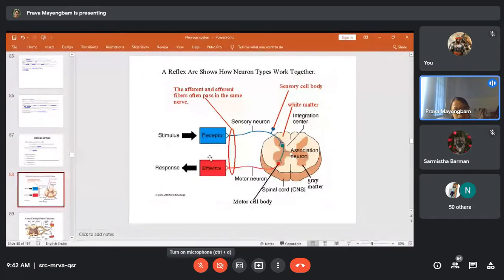The effector organ will respond, and there will be a response. This effector organ exhibits an action. That action is the response.